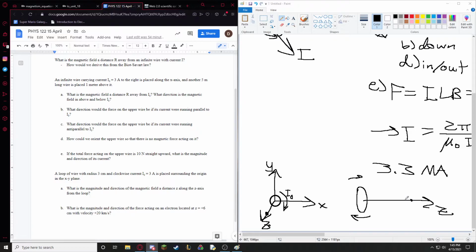You're doing the current, right? Okay. So, don't you curl your fingers in the direction of current? Right? One second. So if your R is like this, would your magnetic field be pointing down?